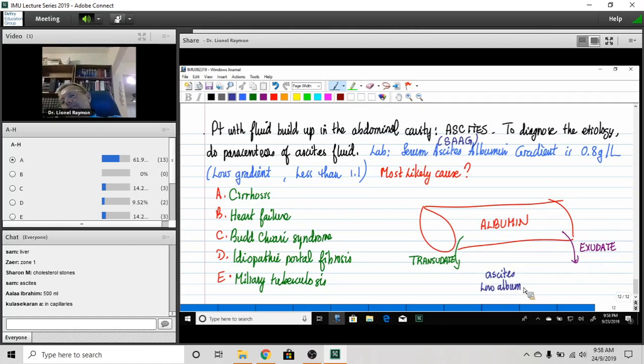So there's always going to be a gradient between serum albumin and ascites albumin. When you have a transudate, what leaves the vessel? Is it rich in cells and protein or not? It's not, absolutely.